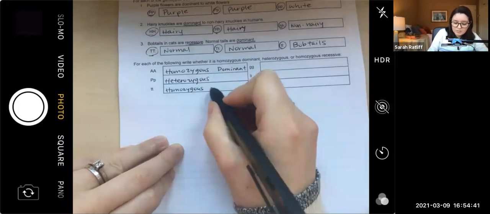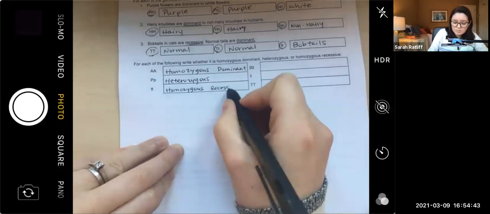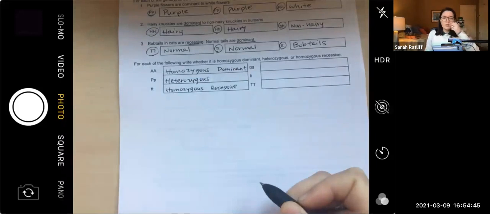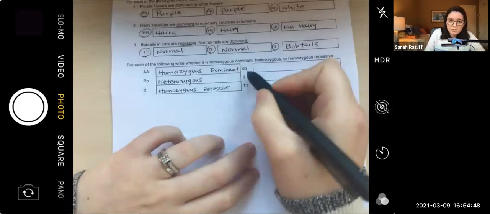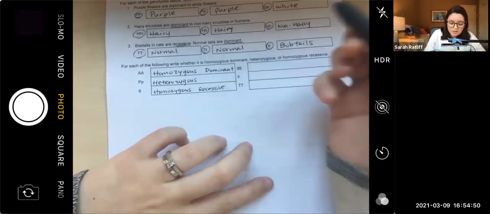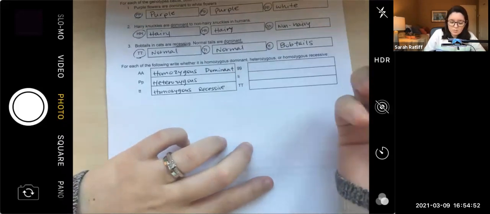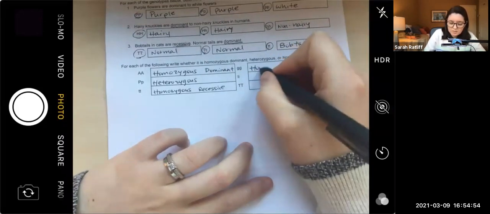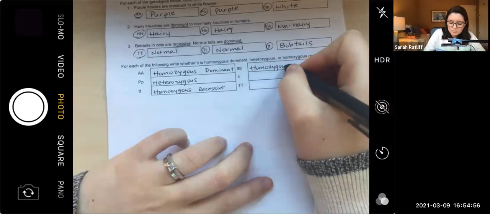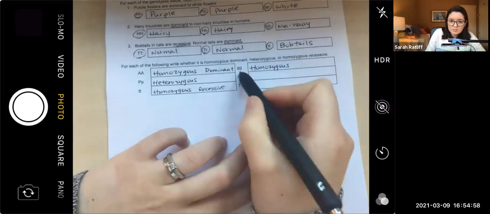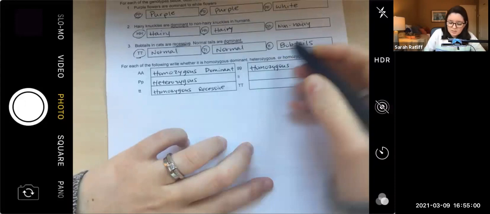So it will be recessive. All right, next column, we got a little g, little g. They are the same capitalization, so it will be homozygous. And because they are little, we know it's going to be recessive.